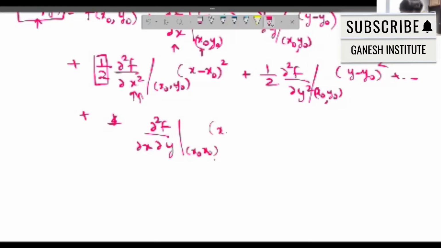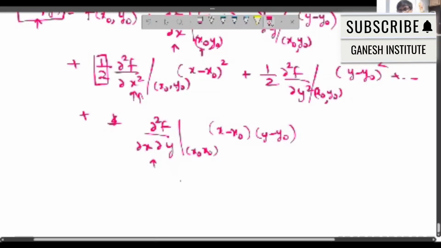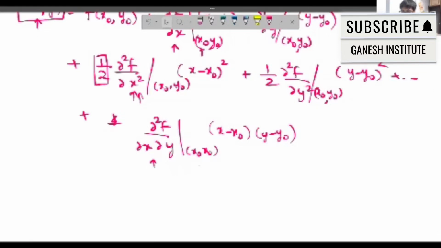So it will be x minus x naught into y minus y naught. Why am I not putting half here? Because it will be the same for both of them. If I put dy dx, so half half becomes 1, right? So since it's the same. Yes, for symmetric matrix. It's particularly for Hessian, okay?